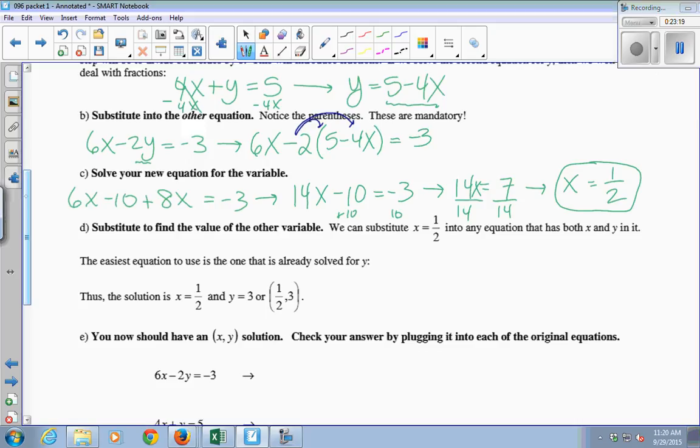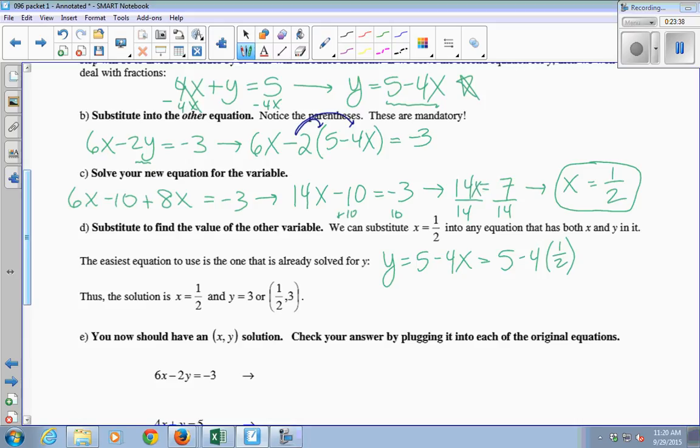The easiest equation would be this one right here, where y equals 5 minus 4x. And then I can replace the x with a 1/2, because I now know that x is 1/2.